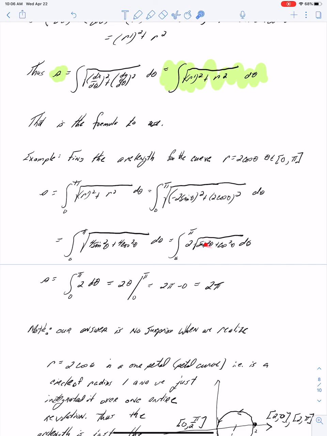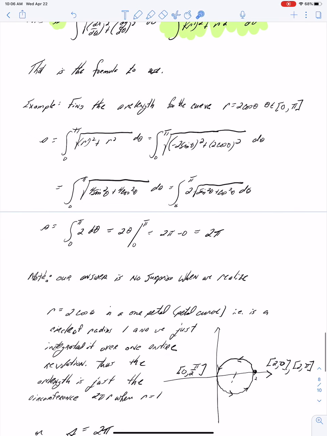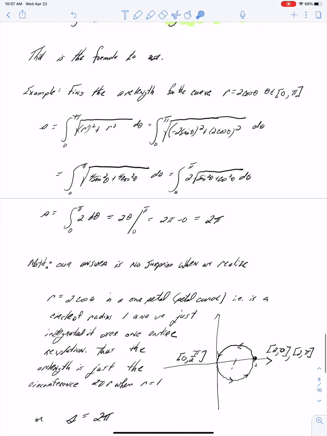What's left is sine squared theta plus cosine squared theta, and that 4 was inside the square root, so it comes out as 2. This thing is just 1. The square root of 1 is 1. I end up just integrating 0 to pi of 2 d theta. And of course, the integral of 2 is 2 theta. Evaluate between 0 and pi, I get 2 pi minus 0, which is 2 pi.